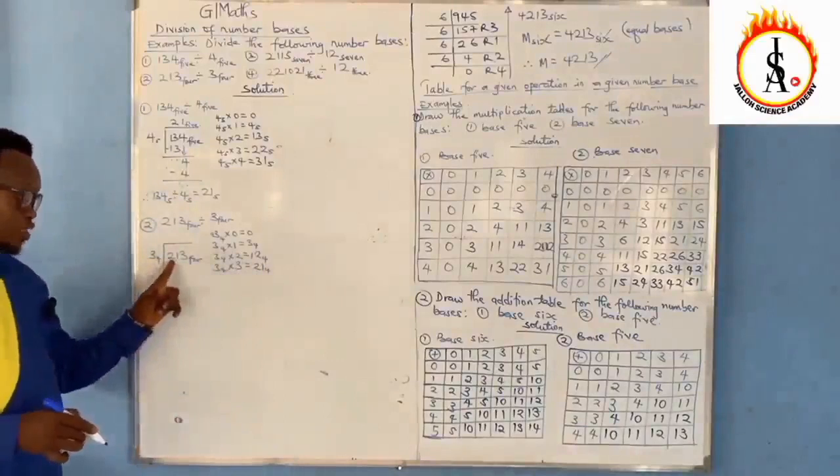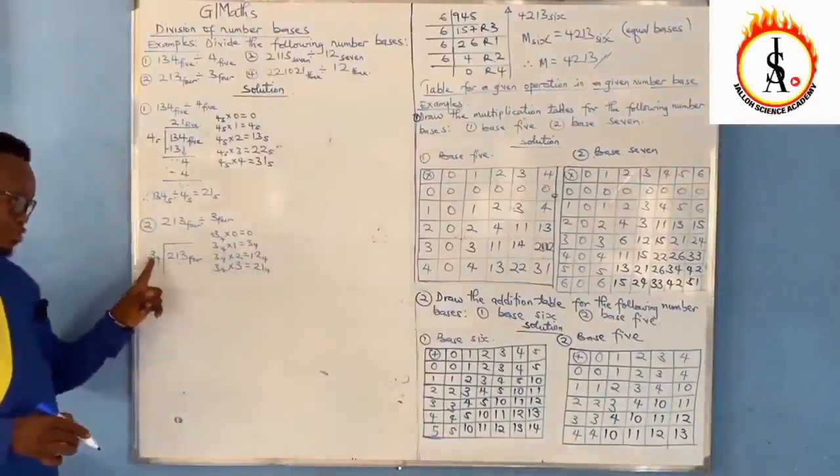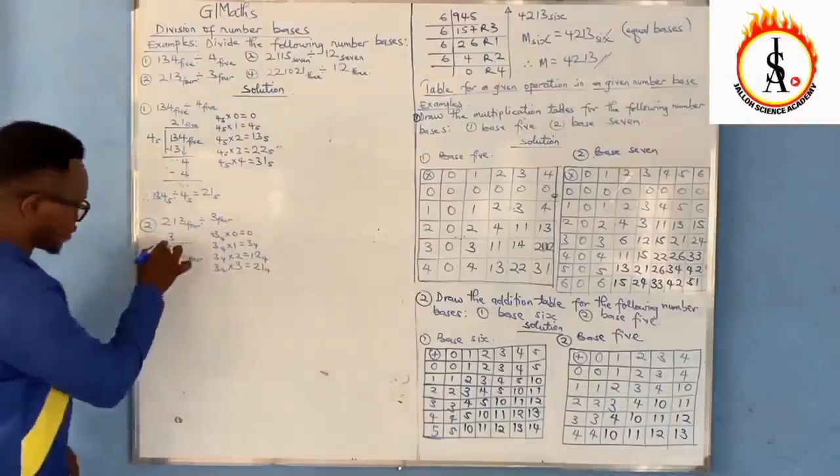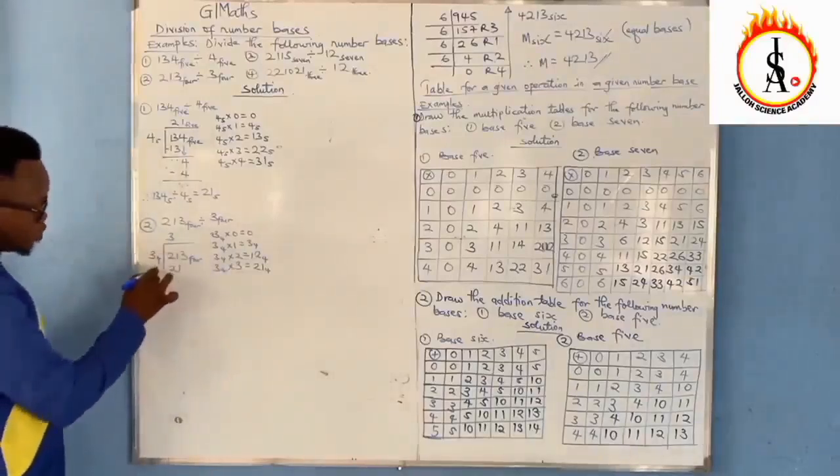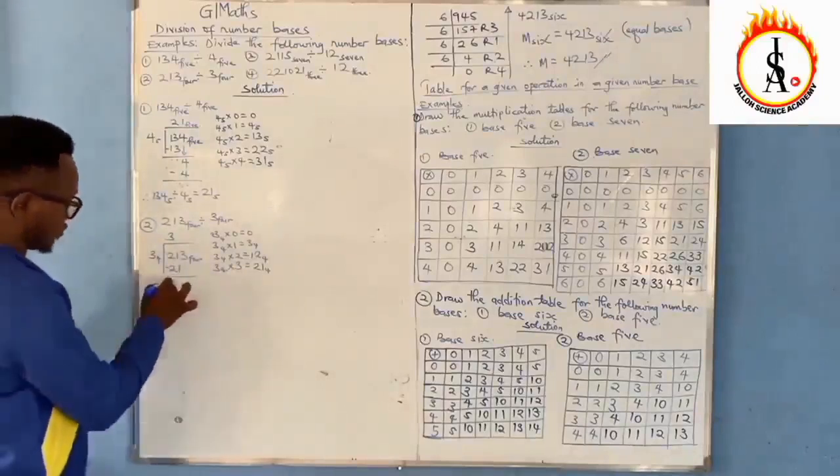So 3 into 2 we cannot. 3 into 21, which number do you multiply by this that will give you 21? That's 3, so it is 3 times. 3 multiplied by this gives 21, minus, so this and this gives 0.